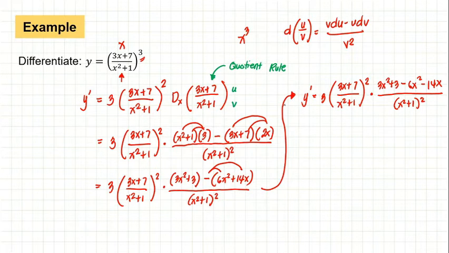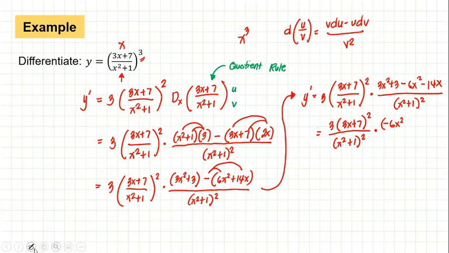Okay? And take note, we can actually distribute the square here to both the numerator and denominator para makombine natin yung pwedeng makombine. We will now have 3 times 3x plus 7 squared all over x squared plus 1 raised to 2 times, we combine like terms, so that is negative 3x squared. So this should be negative 3x squared.